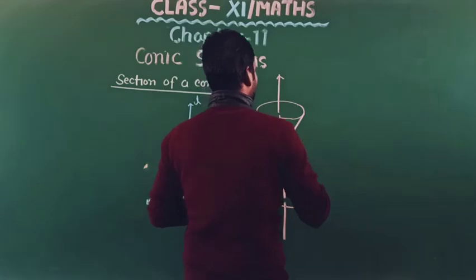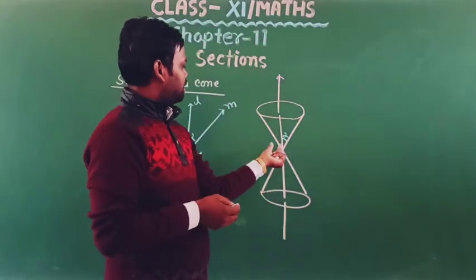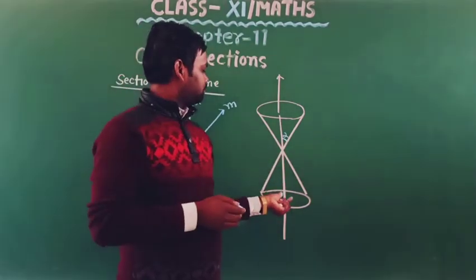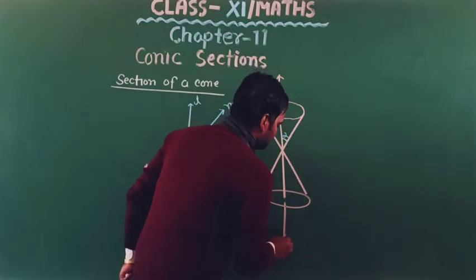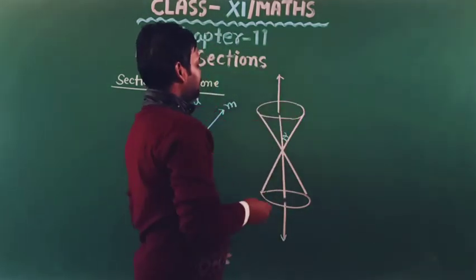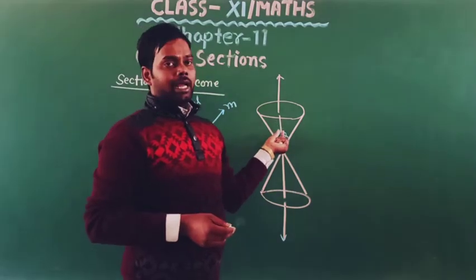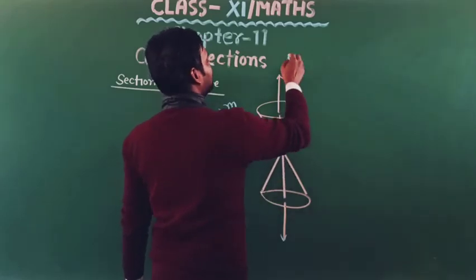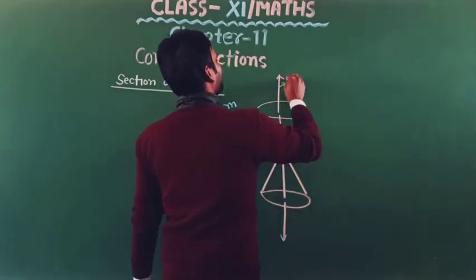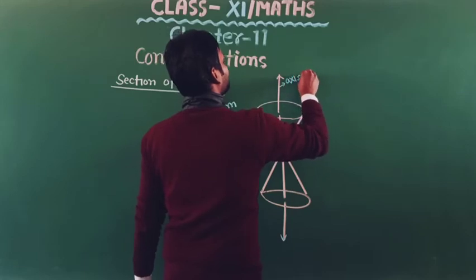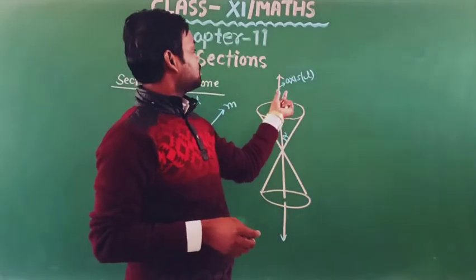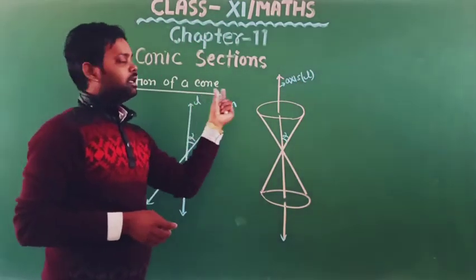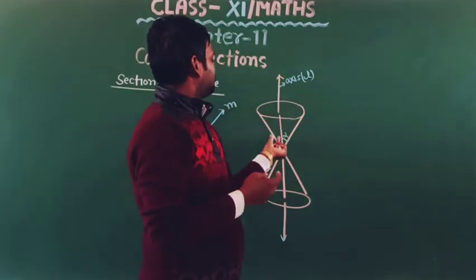This is called a double right hollow circular cone. Here the fixed vertical line, represented by L, is called the axis of the cone.